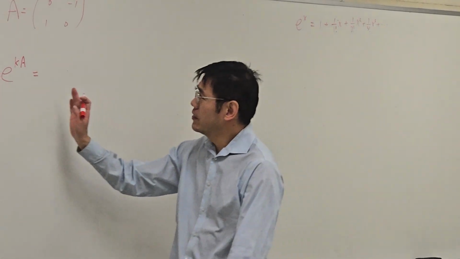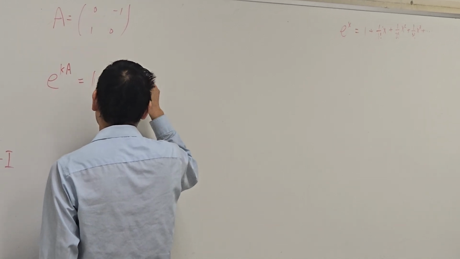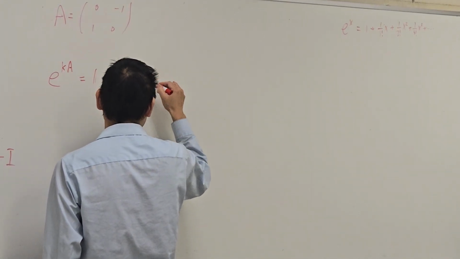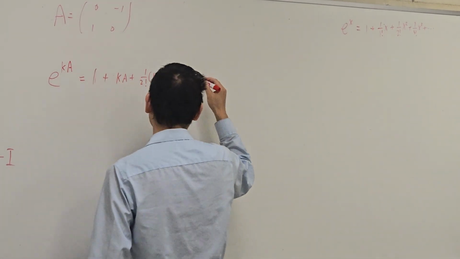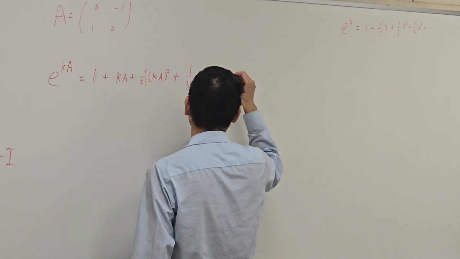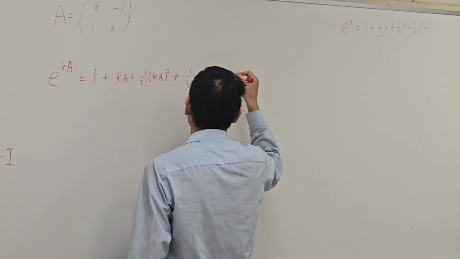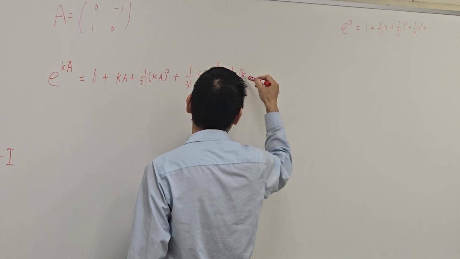So we're trying to write this one as 1 plus kA plus 1 over 2 kA squared plus 1 over 3 kA cubed plus 1 over 4 kA to the fourth.